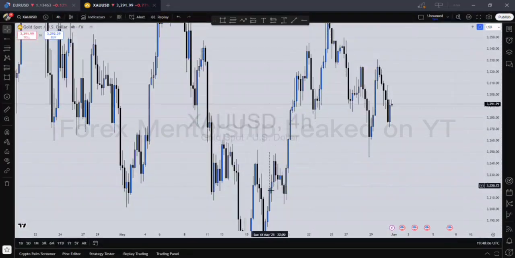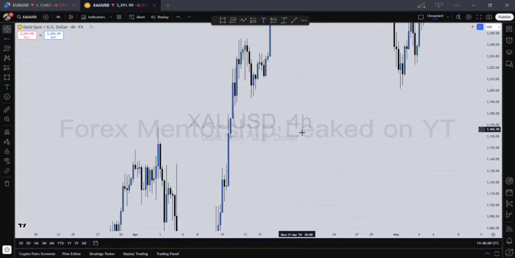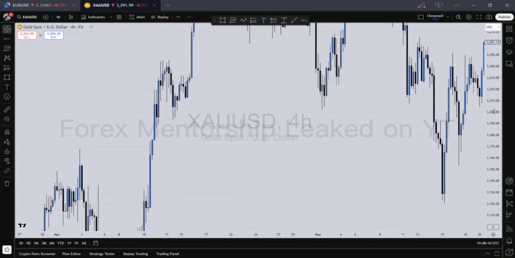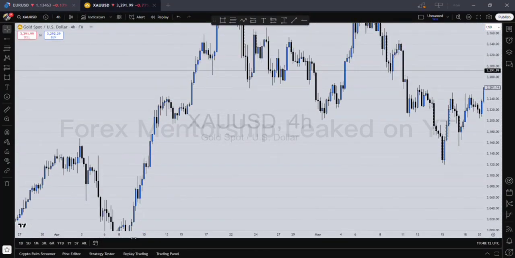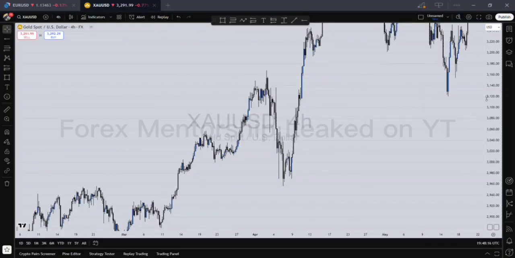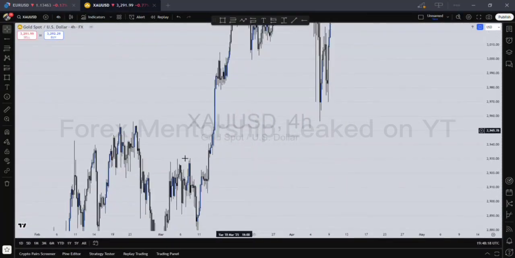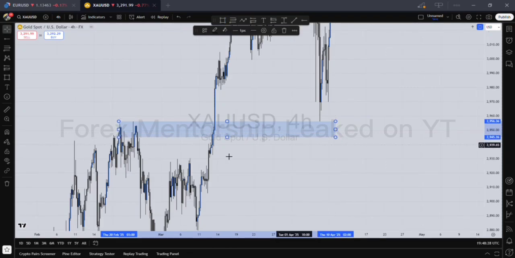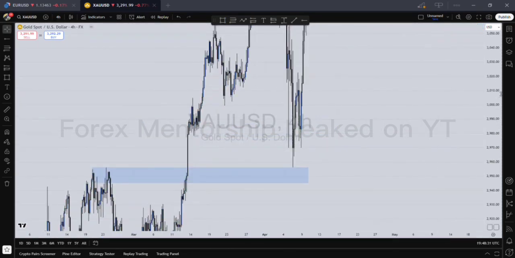Breaker blocks come before a trend changes, while mitigation blocks are continuation after a trend has been established. For example, this block now.